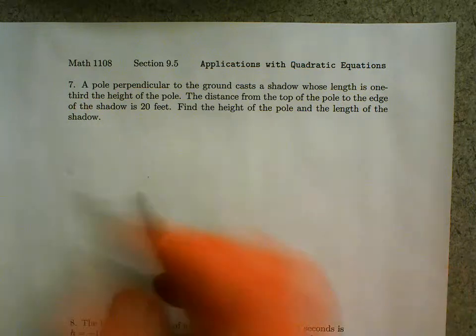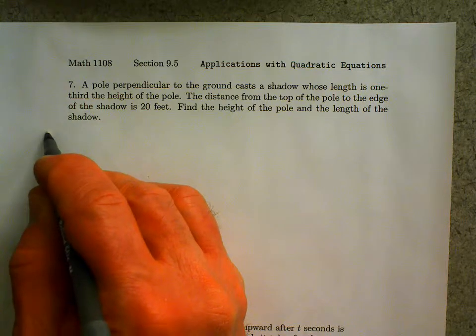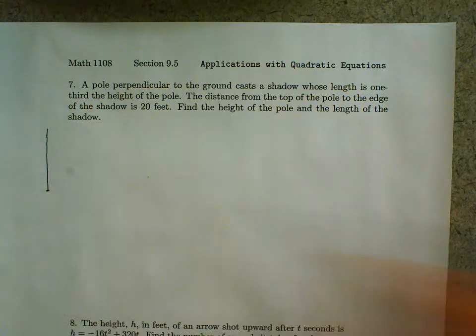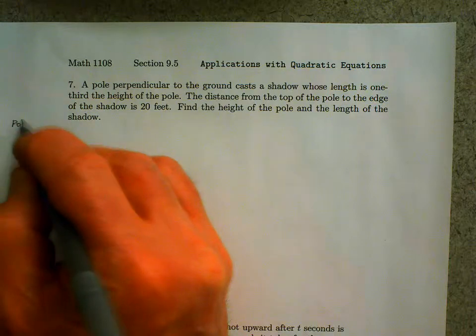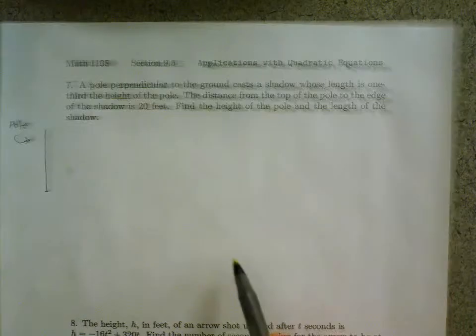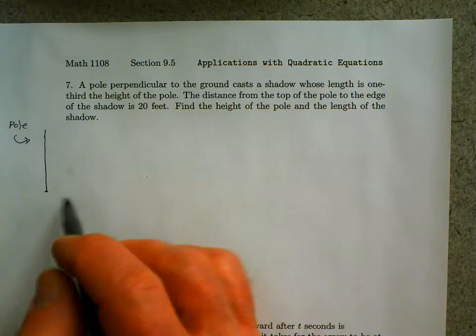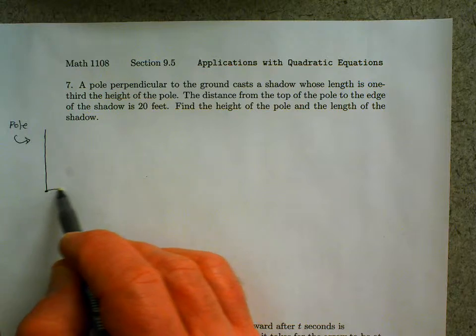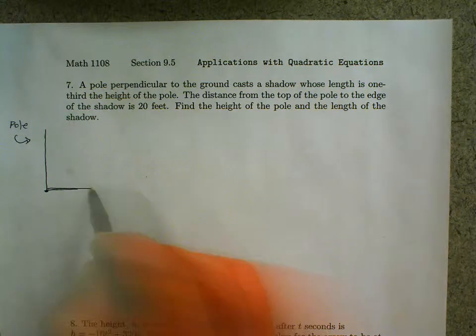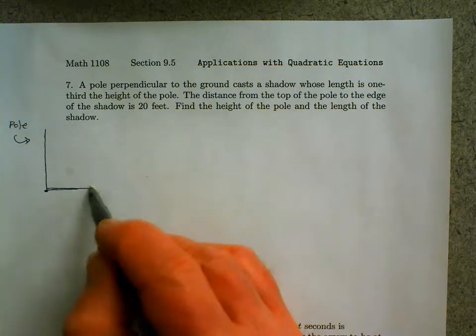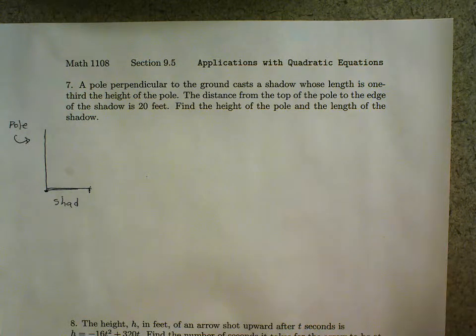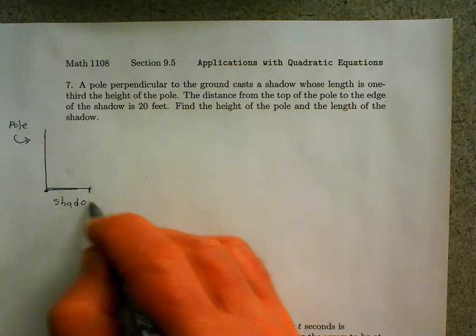Well, drawing a picture might help. A pole is perpendicular to the ground. That means it forms a right angle. And it casts a shadow that is 1/3 the height of the pole.